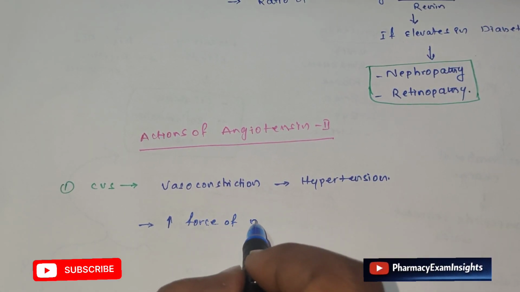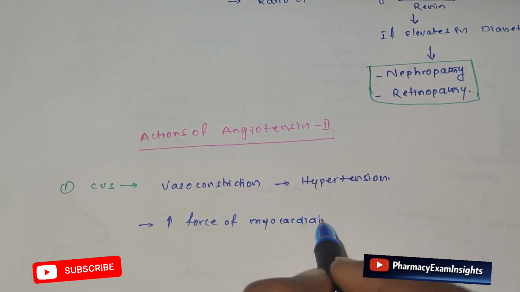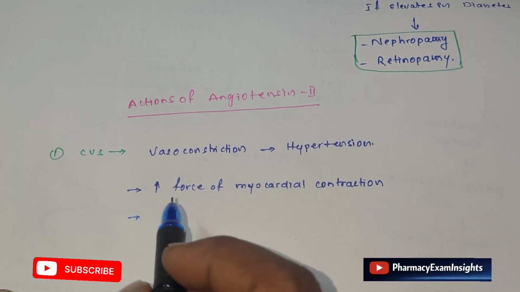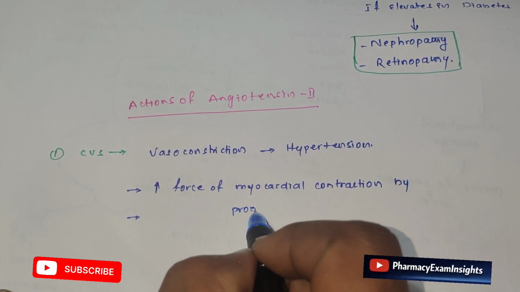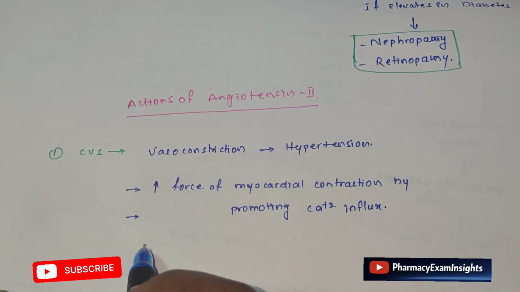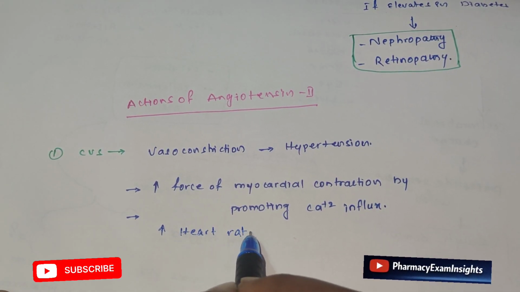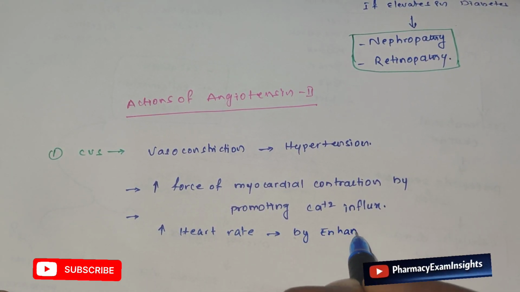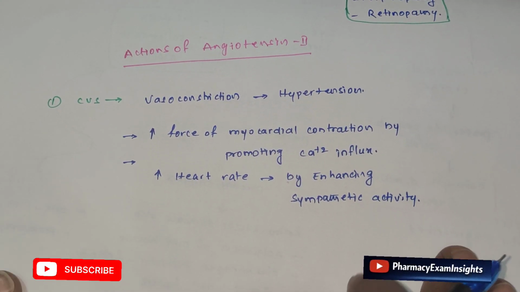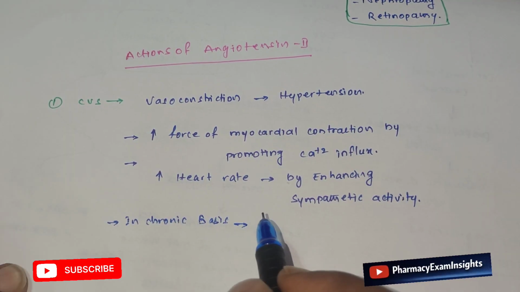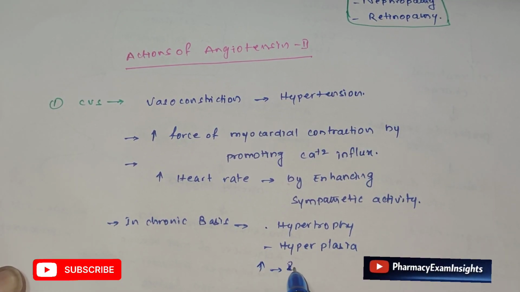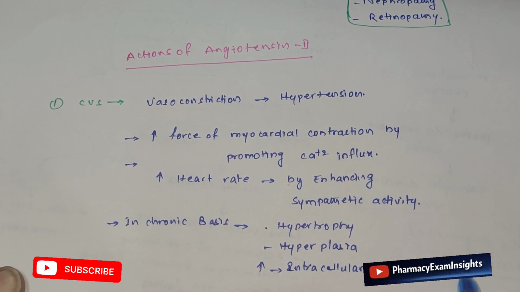So it will lead to hypertension, increase the force of myocardial contraction by promoting calcium ions influx, and increase the heart rate by enhancing sympathetic activity, and on a chronic basis it will lead to hypertrophy, hyperplasia and increased extracellular matrix production.